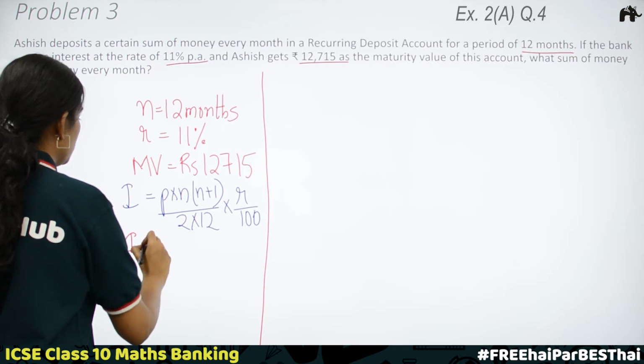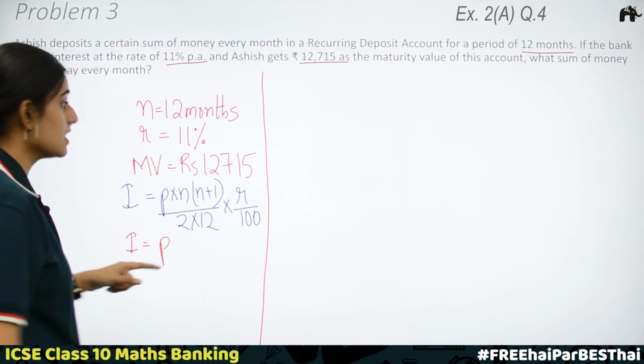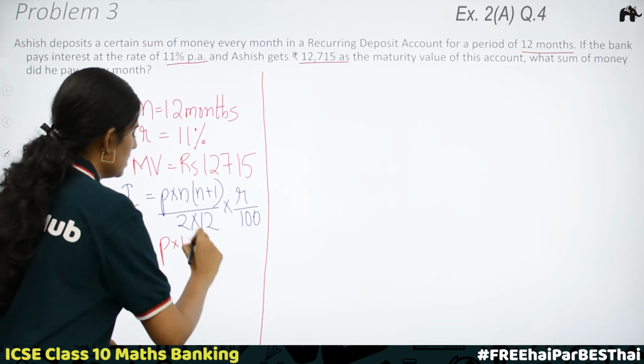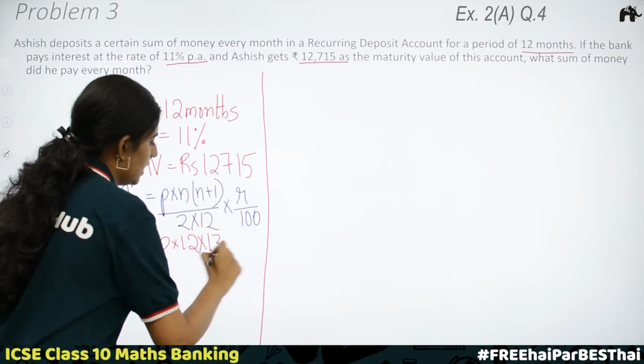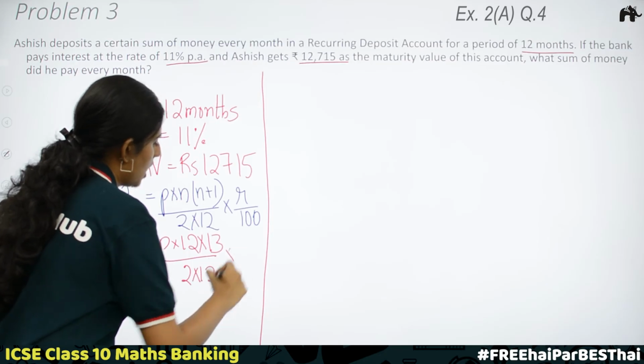I is equal to, keep P as it is, substitute other values, that is N is equal to 12, N plus 1, 12 plus 1, 13, divided by 2 into 12 into R by 100.